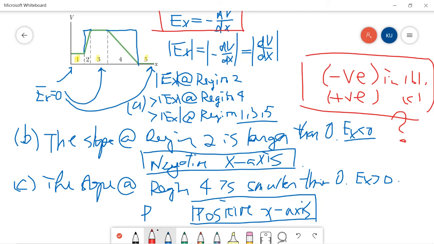Voltage, or electric potential, is only a scalar. It shouldn't have a direction. So I cannot imagine what plus V or negative V means, but many of you have written it in your answer. So I think I really need to explain a bit.